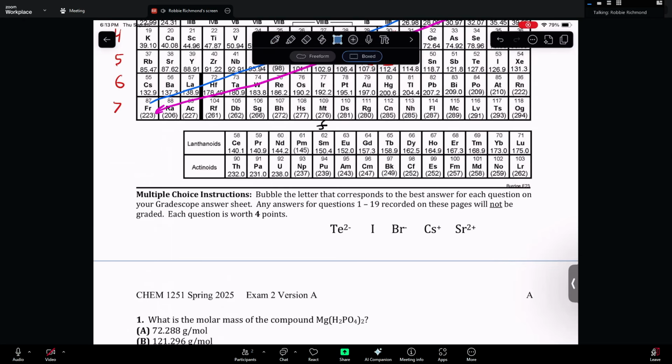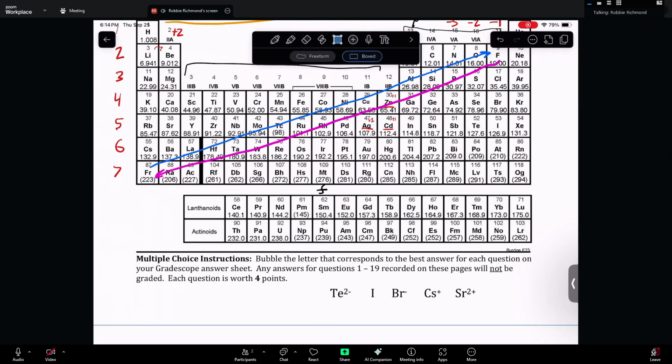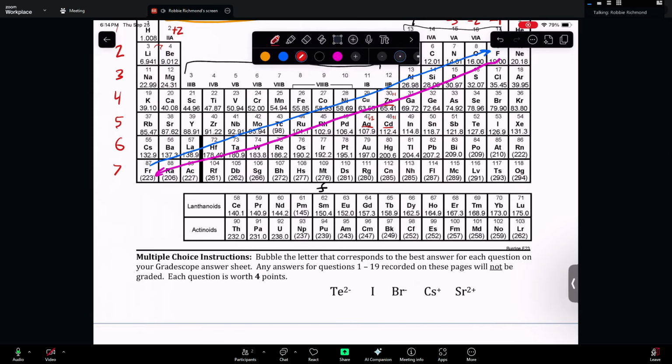So just double read your question. So this is ground state iodine right here in pink. If we added another electron, it would be the electron configuration of xenon. So our goal here is to find which elements and or ions have the same electron configuration as xenon.